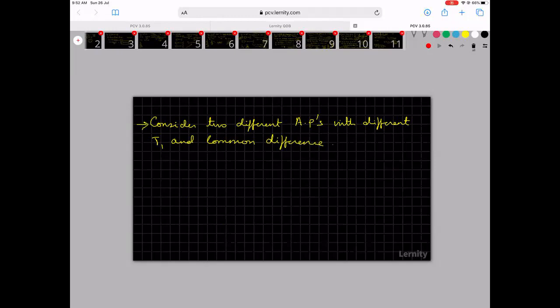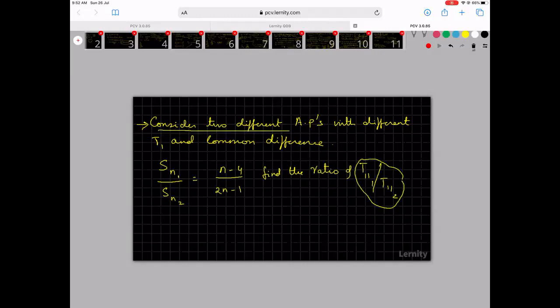The ratio of the sum of n terms of the first to the second is equal to (n minus 4) by (2n minus 1). Find the ratio of T11 of each.